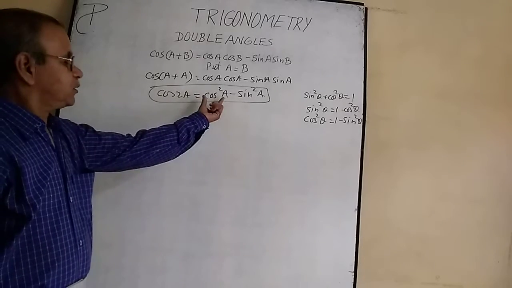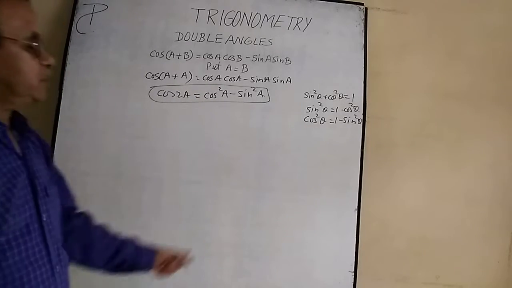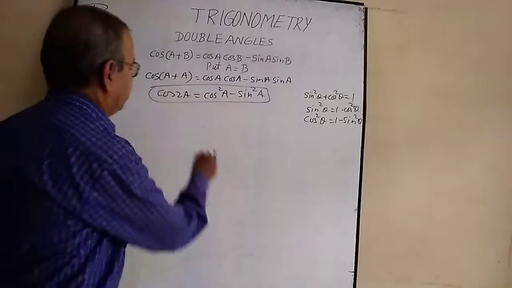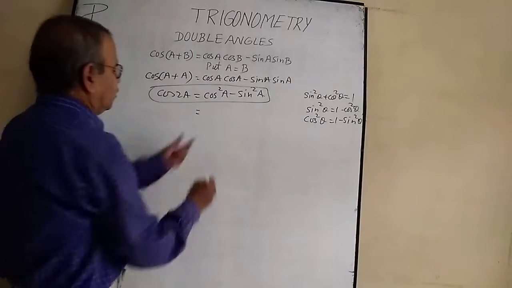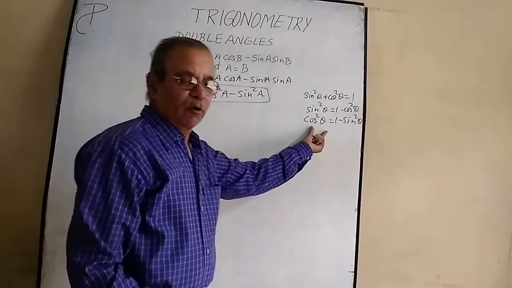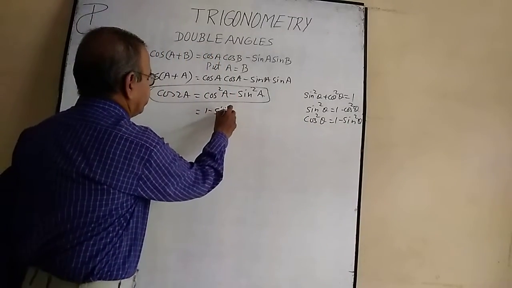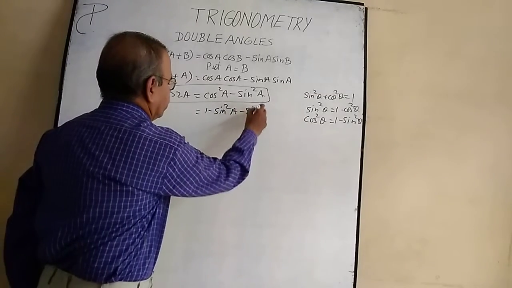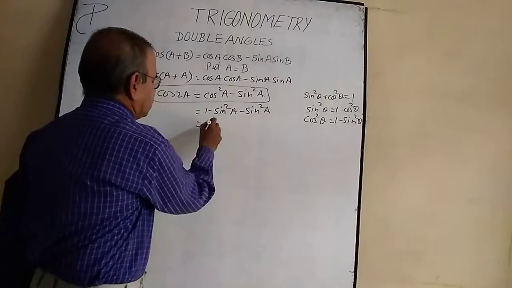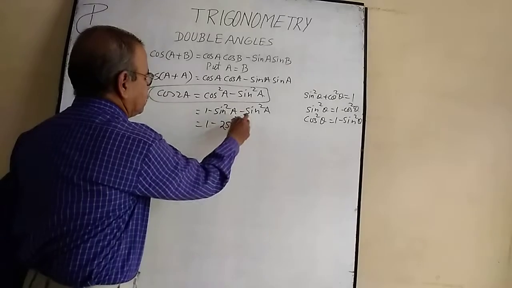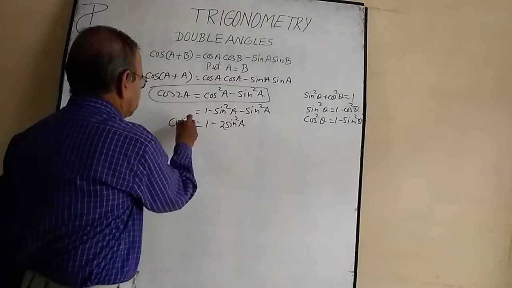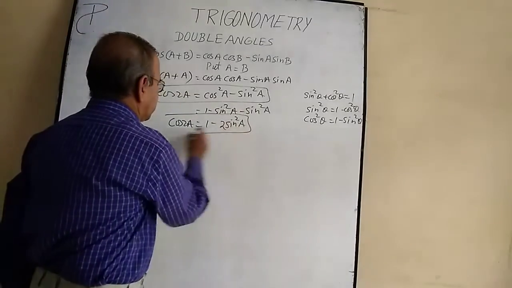Here, for cos square A, I am using this relation, cos square theta is 1 minus sin square theta. So cos 2A is equal to 1 minus 2 sin square A, another relation.